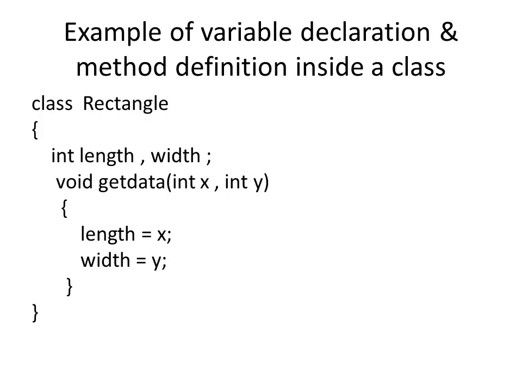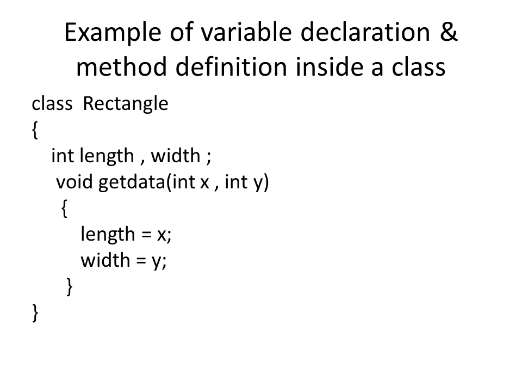See, one more example of variable declaration and method definition inside a class. Here class Rectangle, Rectangle is the name of the class. Length and width are of integer type and they are part of the class, hence length and width are the instance variables. Void getData, getData followed by parentheses in which there are two formal parameters x and y of integer type.